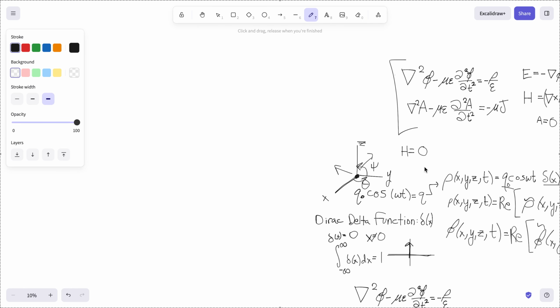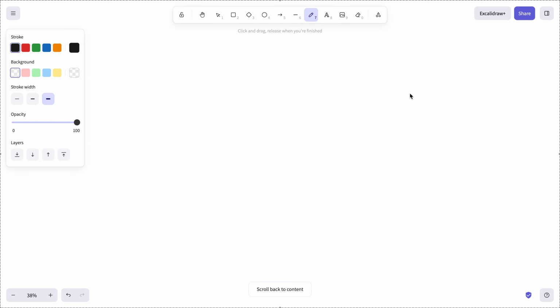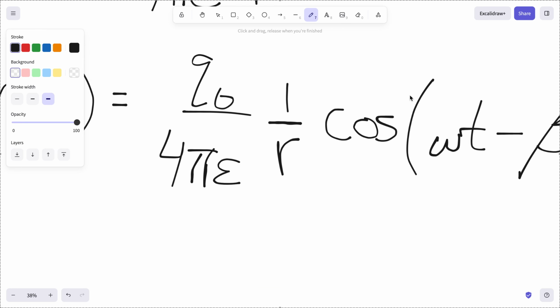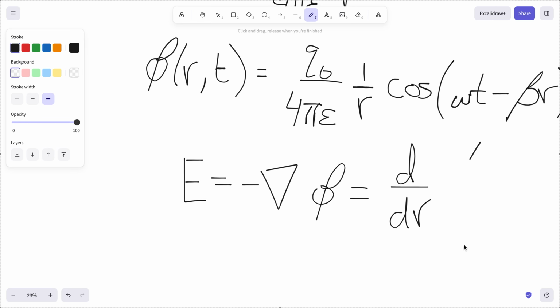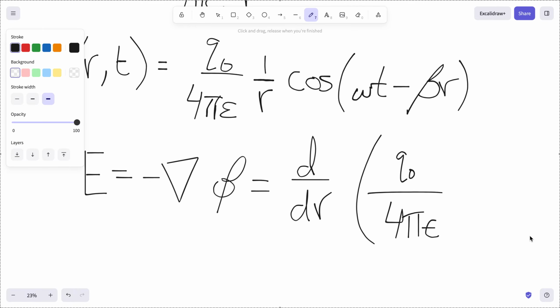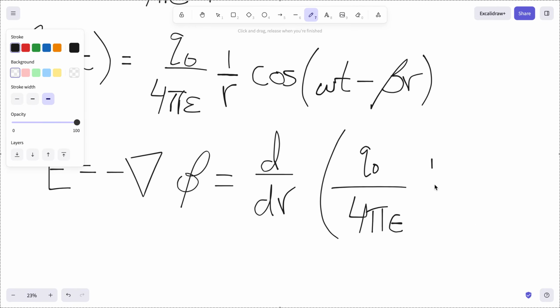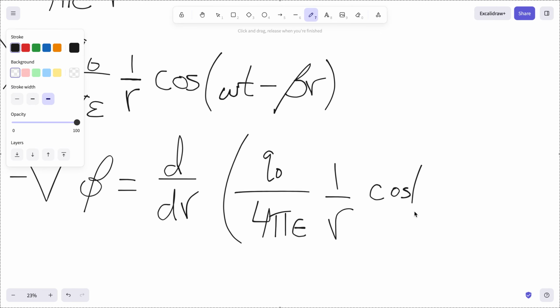As for E, E is equal to the minus gradient of phi, which is equal to just the derivative with respect to r of q naught over 4 pi epsilon, 1 over r, cosine of omega t minus beta r.